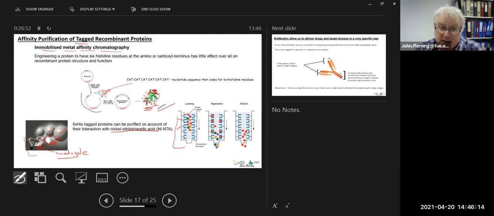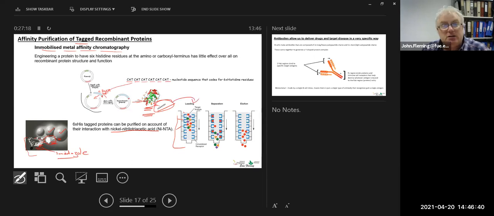So this specific nucleic acid sequence is CAT, so there's 6 of them there. We put this in at the end of our cDNA and we ligate it into the plasmid. We take that plasmid, we put it into our production cell, and it produces this recombinant protein with a histidine tag. We can then take the protein produced by our maybe CHO cells, for example.